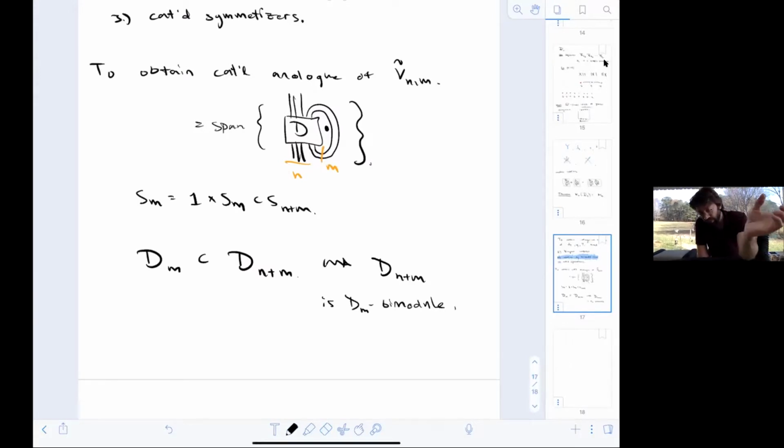And we would like to identify the left and the right actions of DM on D N plus M.